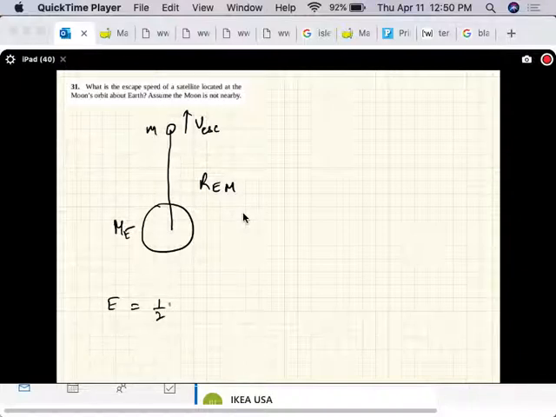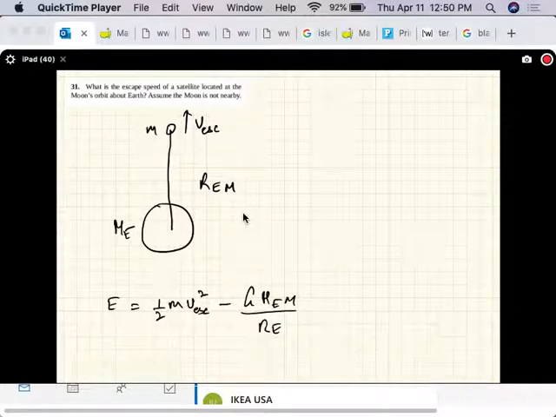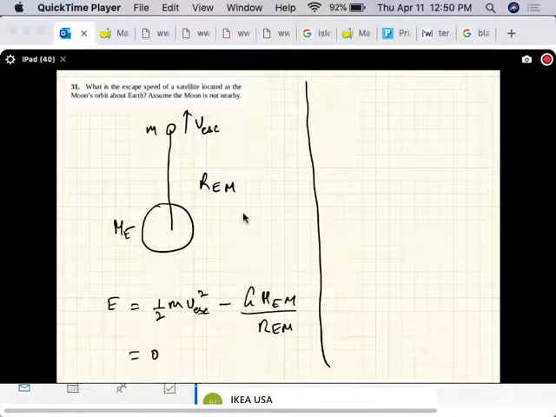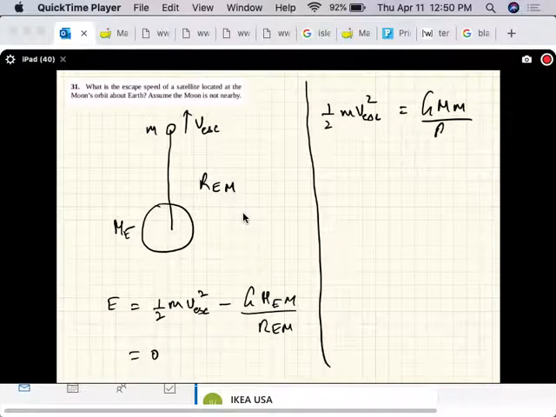Its kinetic energy plus its potential energy should be equal to 0. So you can use 1/2 m v escape squared equal to G M m by r.